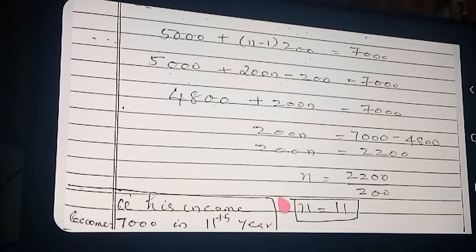That is why you took the value as 7,000 for N, applied the values of A and D, and got the value of N. So his income will reach 7,000 in the 11th year. Is it clear now? Yes.